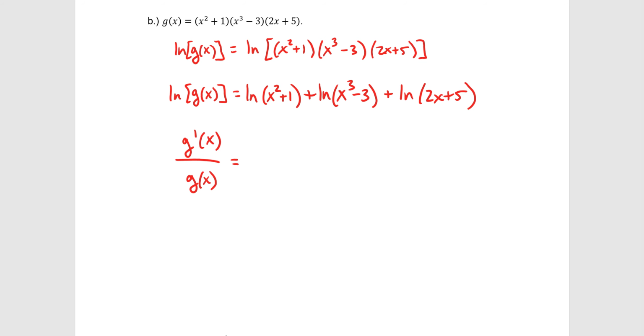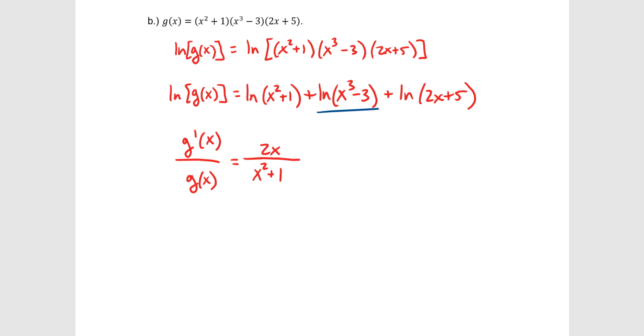It might not be g, it could be y, it could be f, it could be h, it could be anything, but it's always going to be y prime over y, essentially. And the derivative of the first one here is going to be the derivative of the inside. Derivative of x squared plus 1 is 2x, divided by itself.